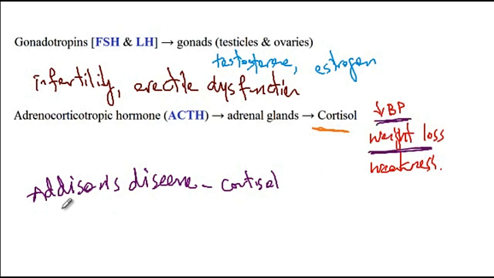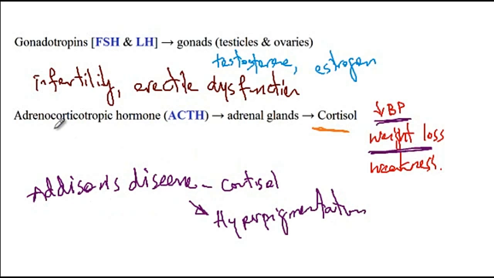But in addition, patients with Addison's disease also present with hyperpigmentation. So could you explain why a defect in the ACTH itself doesn't cause hyperpigmentation, but a defect in the function of the adrenal cortex, which leads to Addison's disease, causes hyperpigmentation?